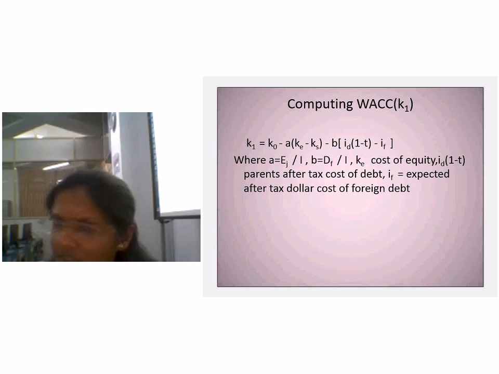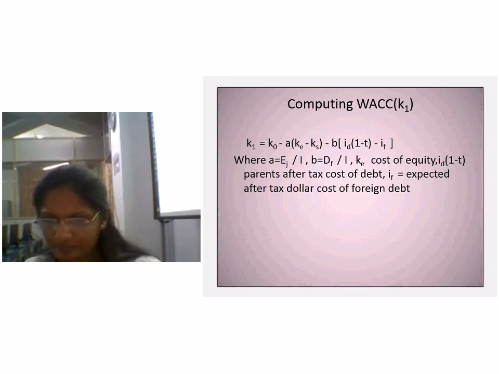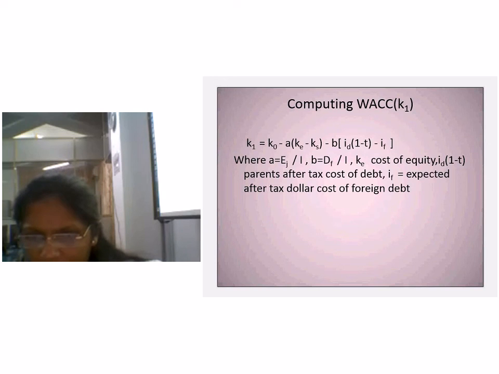This is the equation. By considering all those, this is the equation that we have to consider to calculate the WACC. Right? This equation has been expanded considering all the sources of finance. A is EJ divided by I, that is equity divided by total investment. Right?